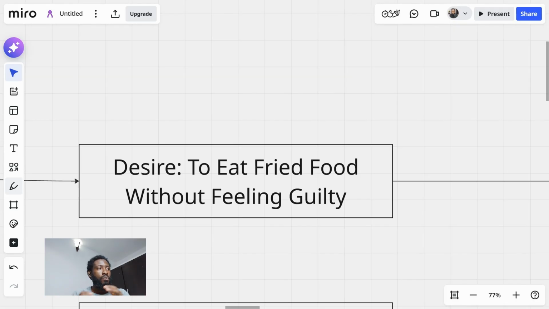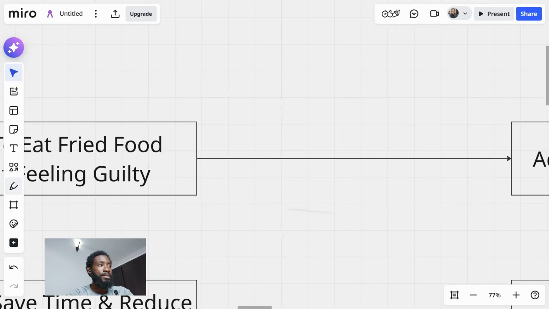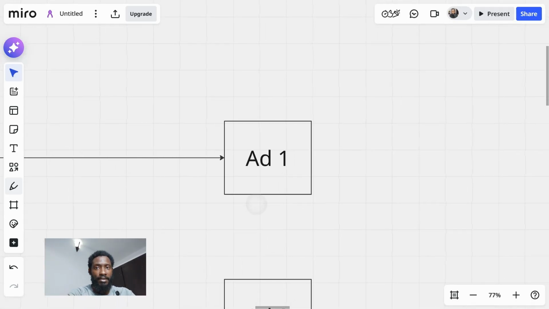An air fryer will help people eat their chicken, their fried fish without feeling guilty. So the desire to eat fried food without feeling guilty is a good marketing angle you can use for your advert, which gives me my first advert.